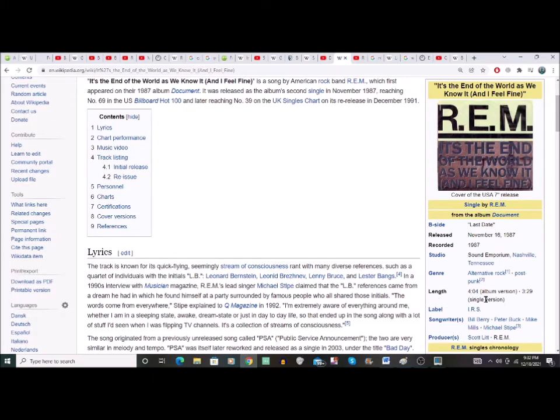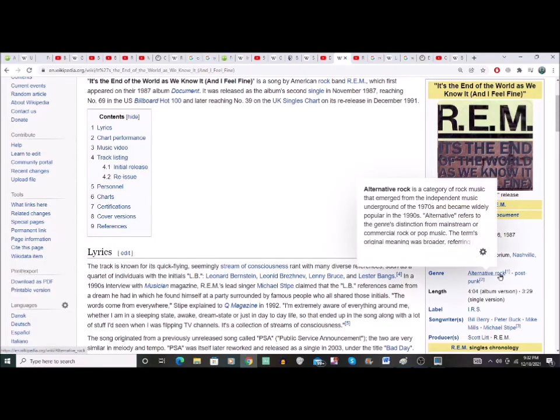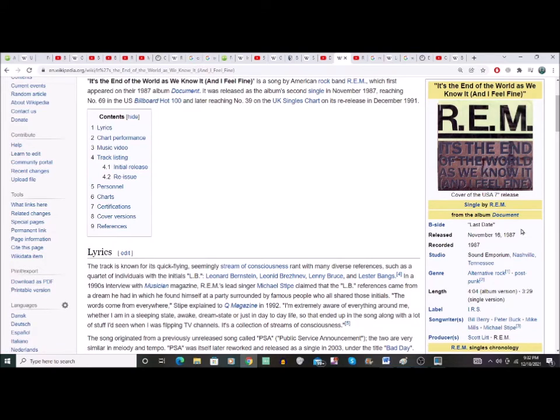The length 44. So already we're getting some great references to the end of the world as we know it. But this Last Date, I'm like, oh my gosh, I've got to find this. Well, we don't have a link on Wikipedia, right?